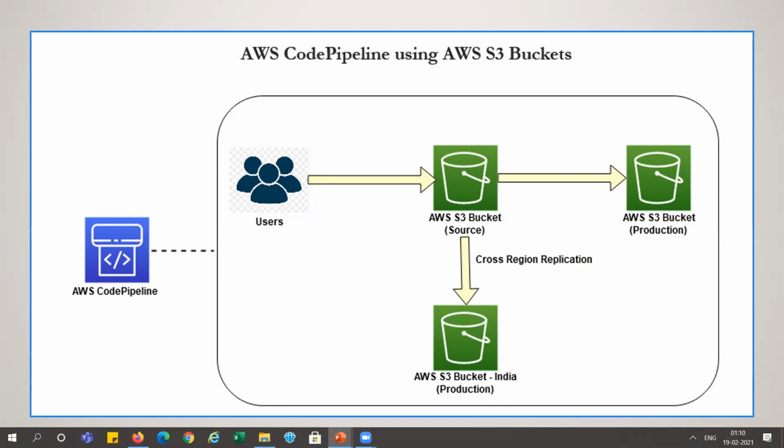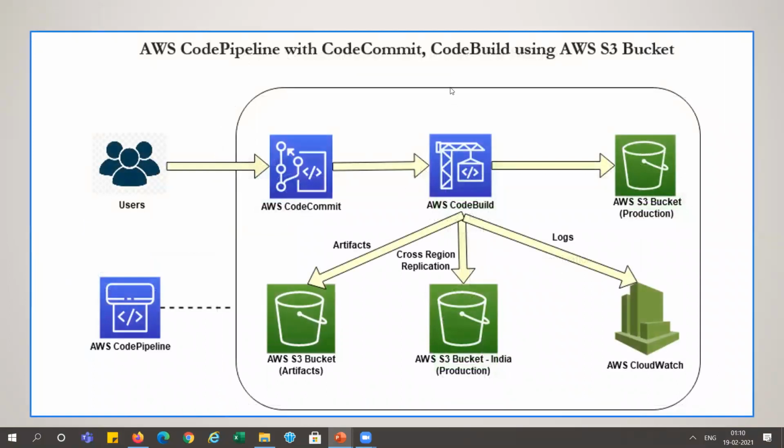In the part 3 video, we will discuss the AWS pipeline with CodeCommit and CodeBuild using an AWS S3 bucket. Here we will use AWS CodeCommit, where we will put our repository and create a build using AWS CodeBuild. After that, we will deploy directly to the S3 bucket in production.